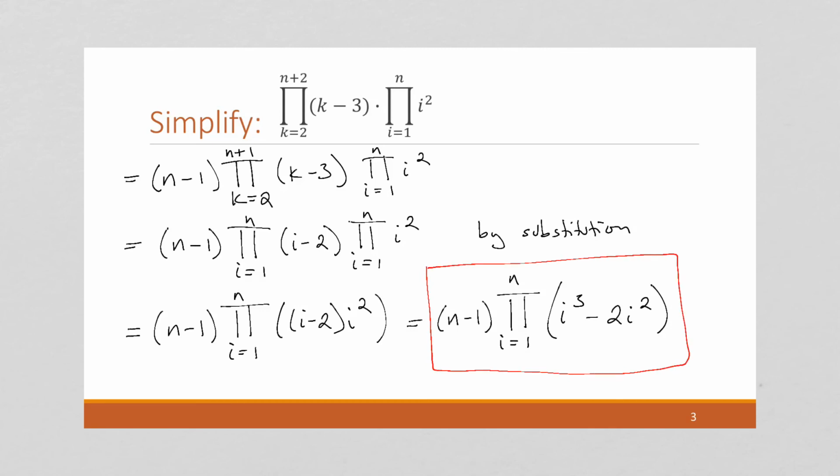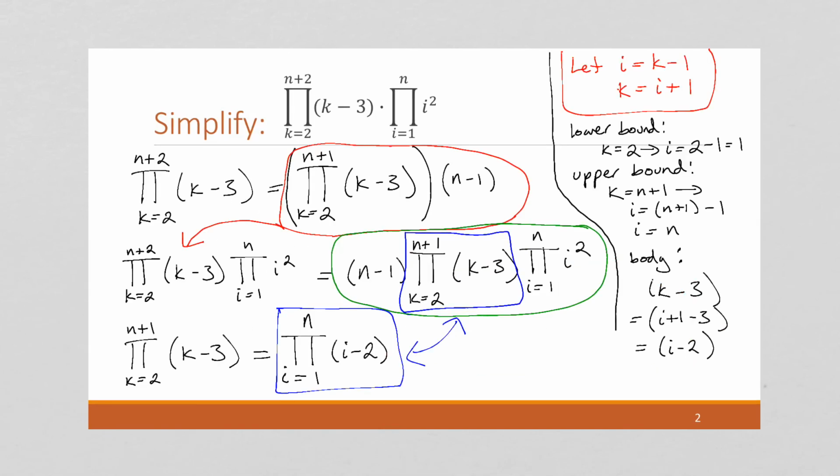So this is definitely a more difficult problem, but as long as you just take things step by step, it worked out. So the first thing we did is we pulled a term off of the product that had one too many terms in it. Then we did a change of variable to make sure both products have the same bounds.